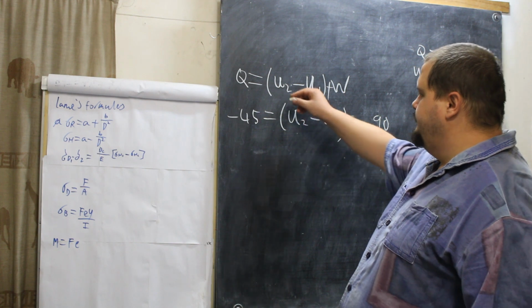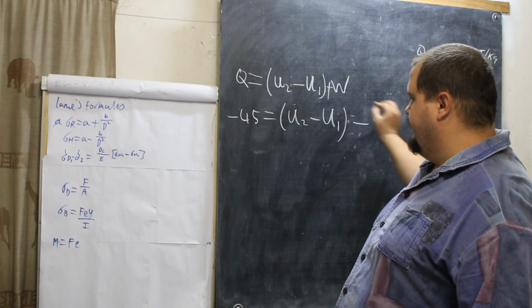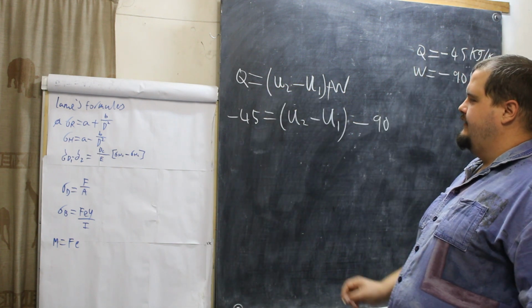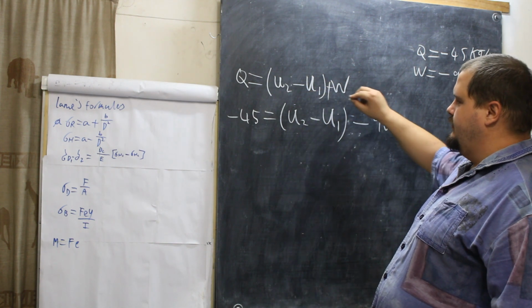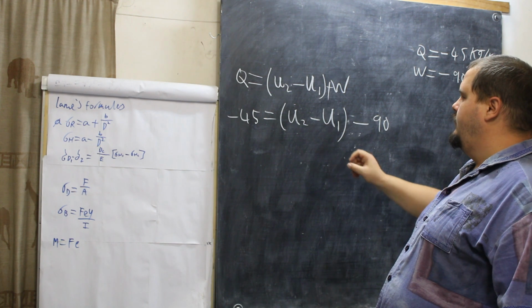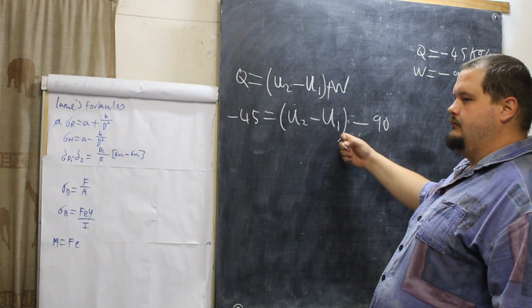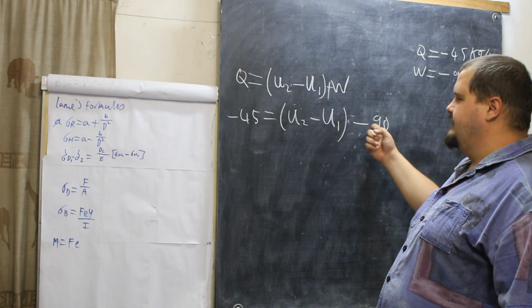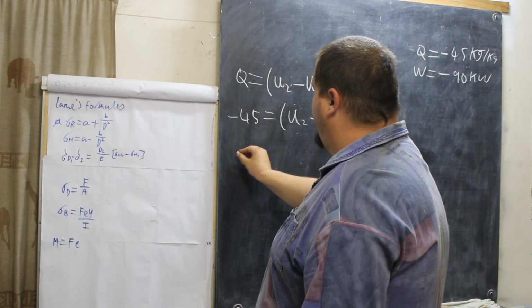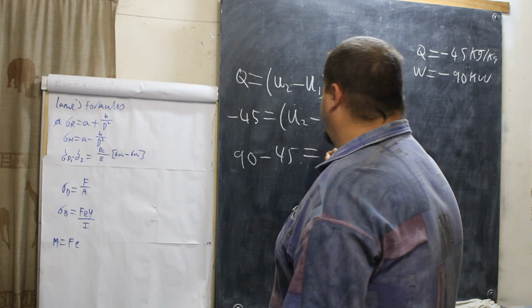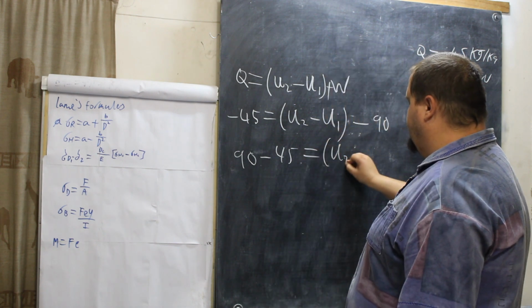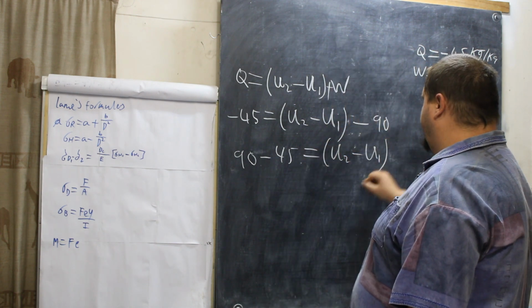What this sum is denoting is whether there is a gain or loss in the system. So if we just bring this 90 over to here, it'll be 90 minus 45 equals U2 minus U1.